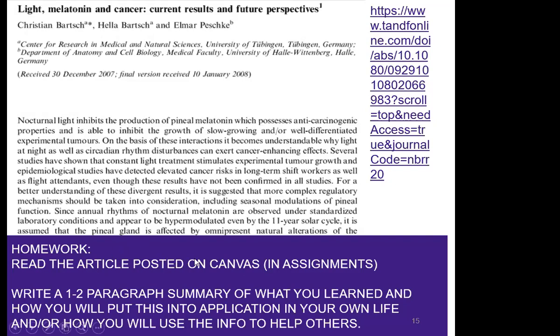So this article that is posted in Canvas in the assignment section is about what I can do if I do have to temporarily work night shift. How can I support myself so that I can still try to maintain some sense of homeostasis within the brain, okay? That's what that one is about.